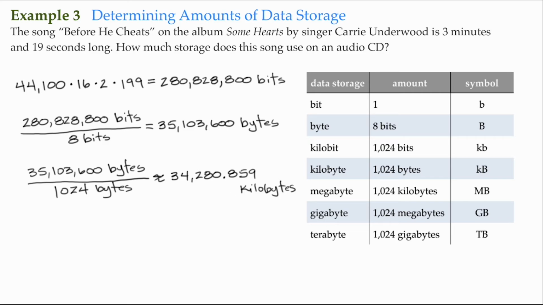The next unit of measure would then be megabytes. So we'll take our 34,280.859 kilobytes. And we can see right here that there are 1,024 kilobytes in a megabyte. So we'll divide this by 1,024 kilobytes.